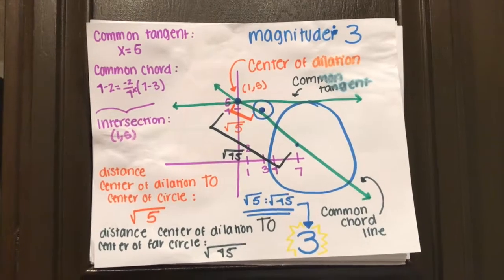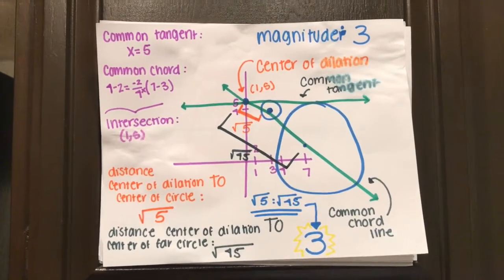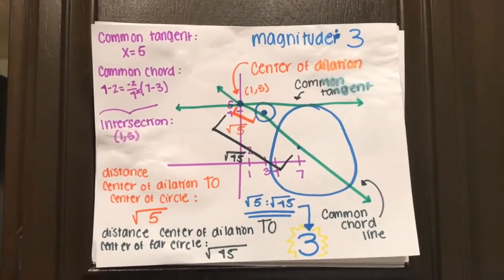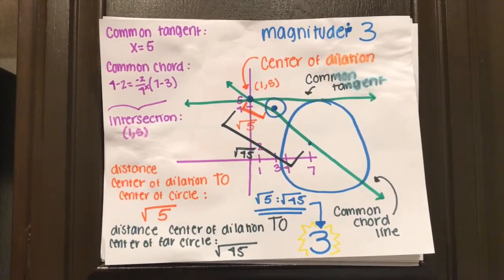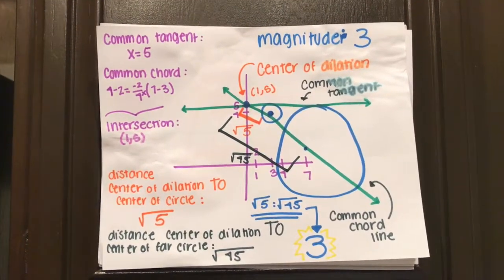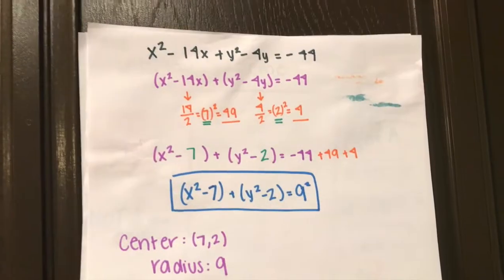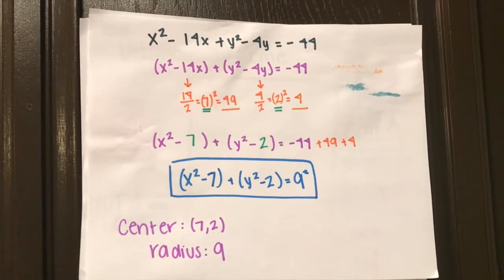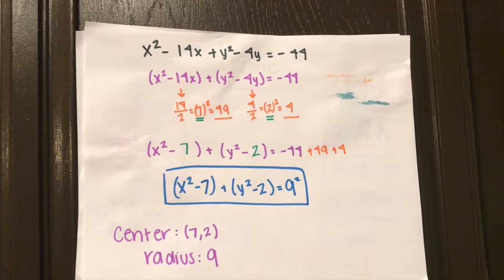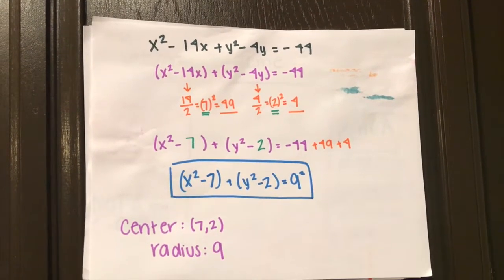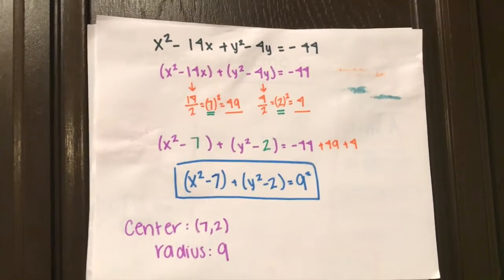If you look on day 48, number 2, you'll find a question that gives you 2 circle equations and asks you to find the magnitude and center of dilation. The question starts with the equation in black: x squared minus 14x plus y squared minus 4y equals -44.